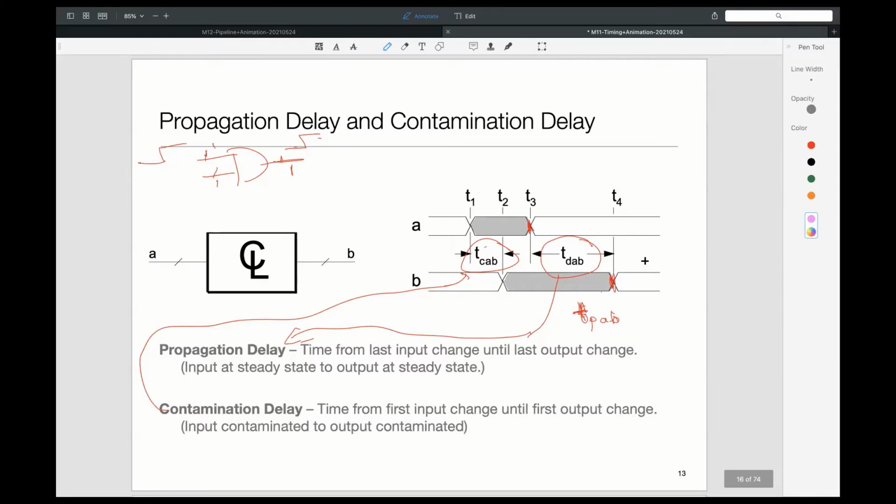Think about it like this. T4 minus T3 may be affected by temperature. It may be affected by which copy of the chip you have. Let's say Intel makes two circuits. I get one, you get one. They're identical nominally, but my circuit may have a smaller value of T4 minus T3. It's some manufacturing variation. And finally, the data value may affect it.